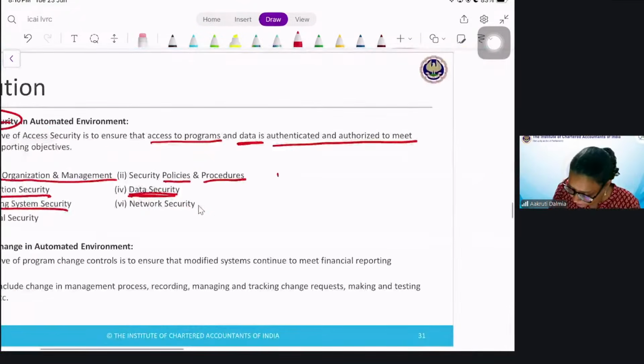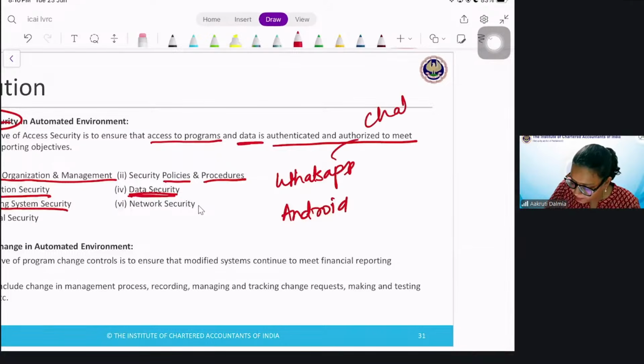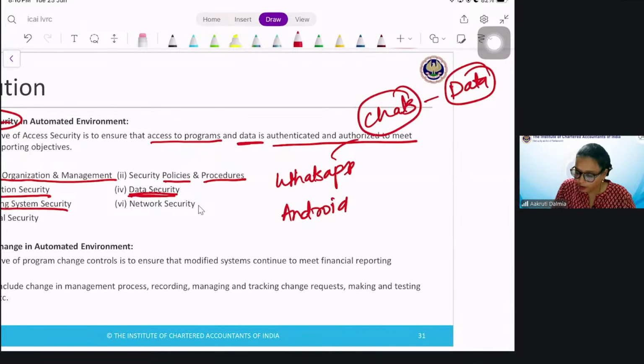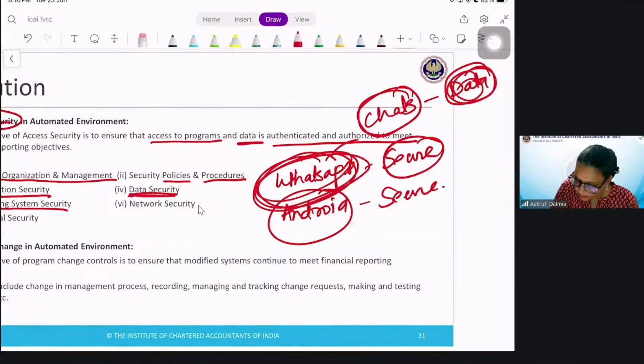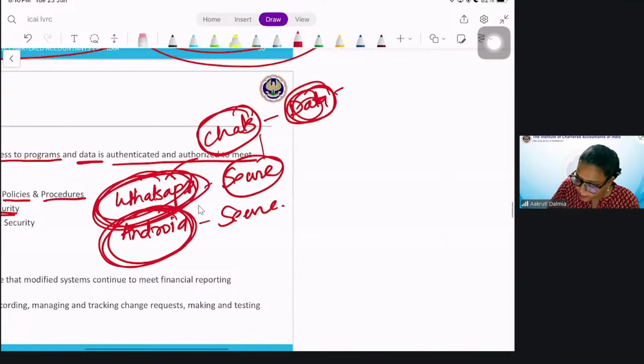It means, let's say you talk about WhatsApp and your phone is Android. In WhatsApp, you have chats. So this chat is data. This should also be secure. WhatsApp should also be secure. And Android should also be secure. So data security, application security, operating system security. Now, ये सब we are running on Wi-Fi.